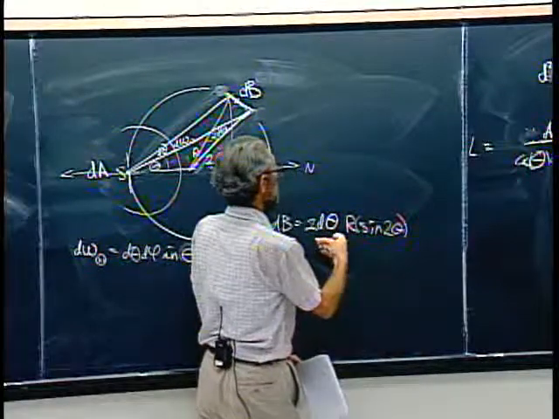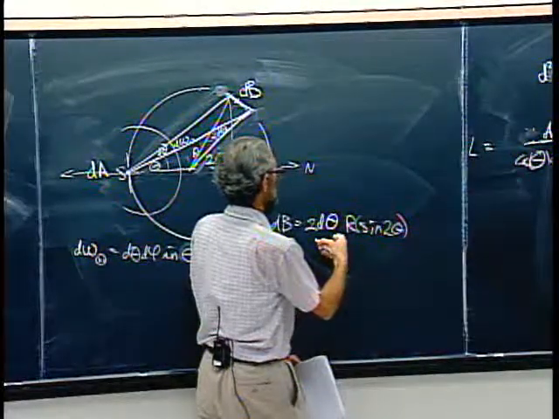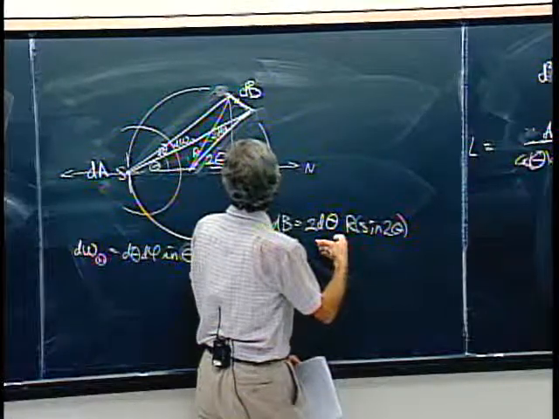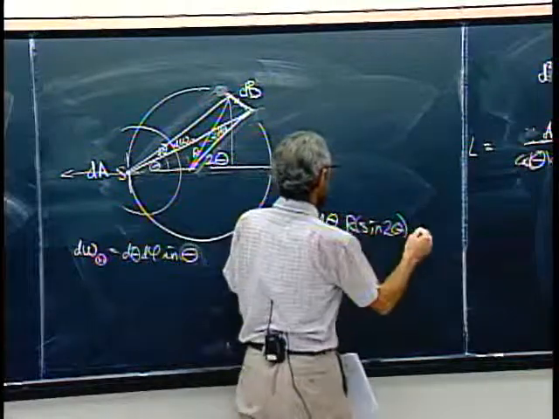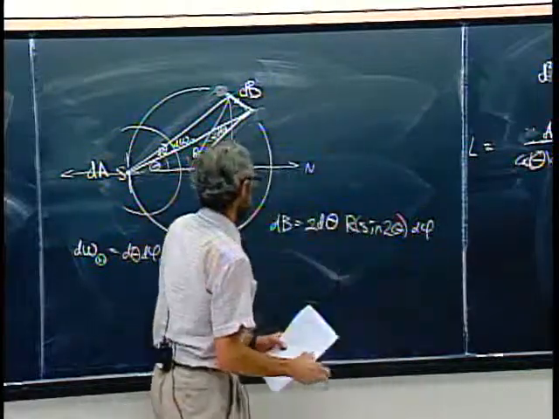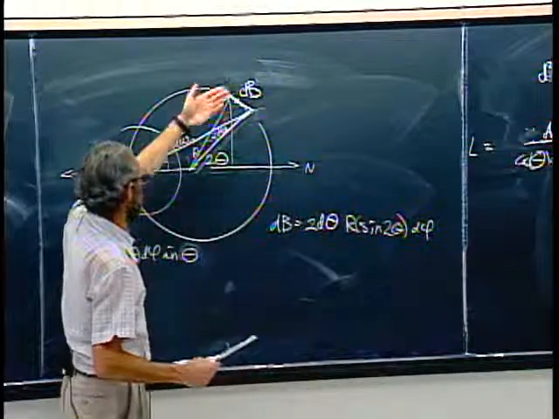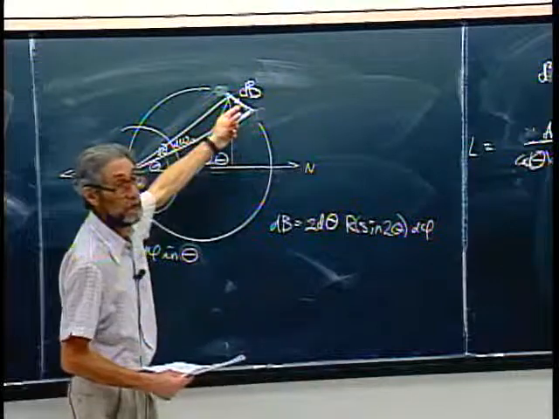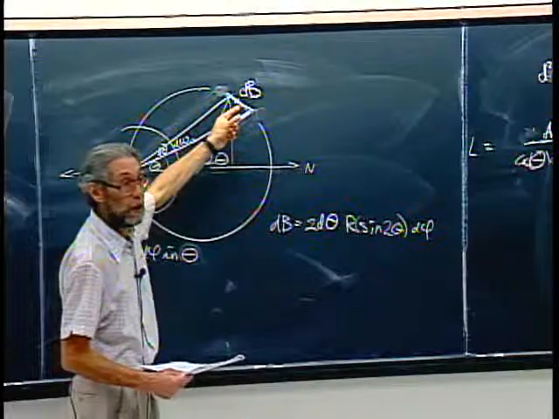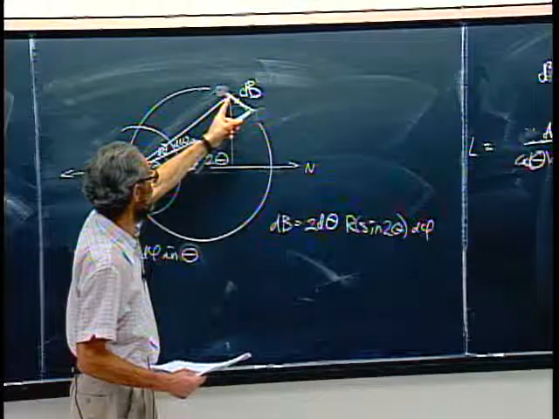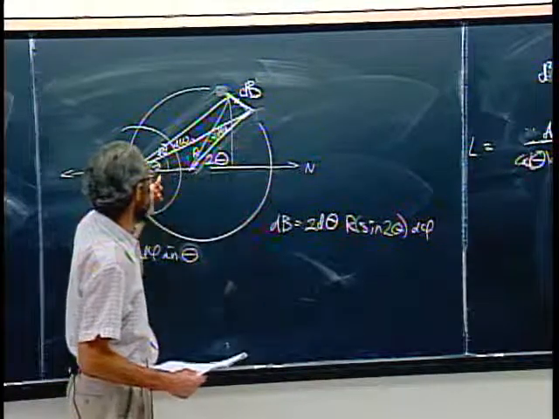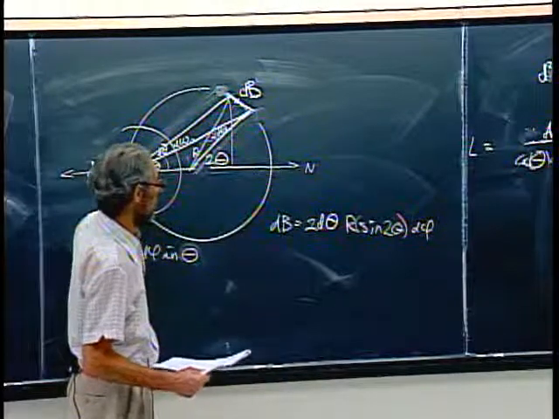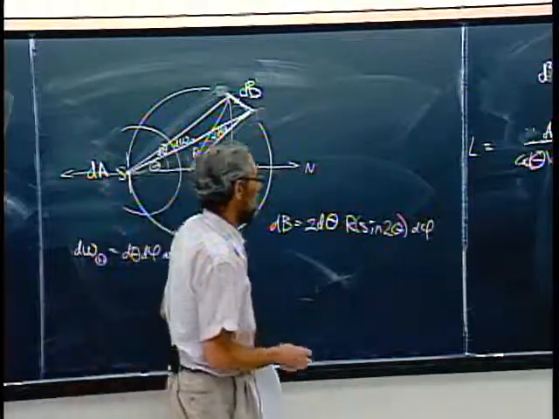times d phi, right? Because d phi is still going around the sphere the same way. The d phi of this little piece is the same as the little d phi of that little piece. And what I'm trying to do is relate the area of dB to this theta. So what do I have here?